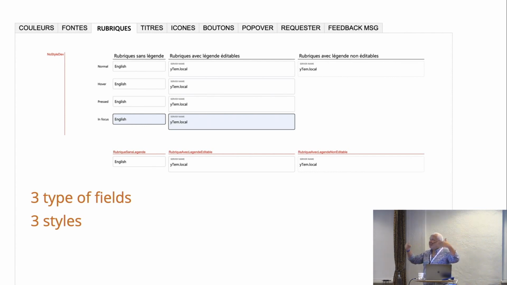So for the consistency of your objects, if you want to be sure that you have the same color on the button and on the field, you put them side by side, and you can check if everything is correct. At the end of the day, on the bottom, you have the final object with the right style.